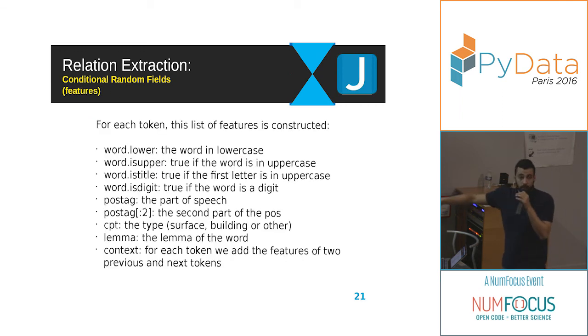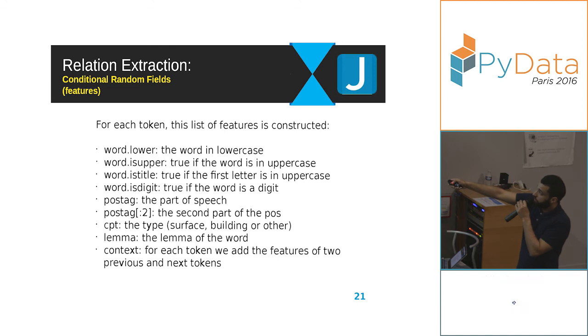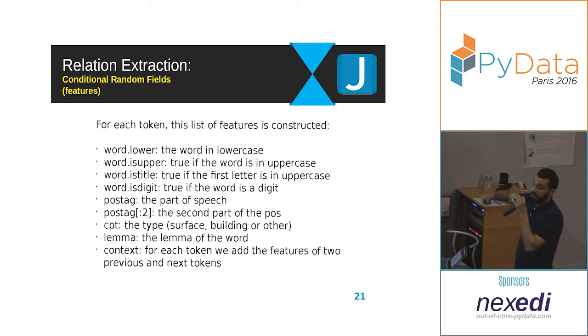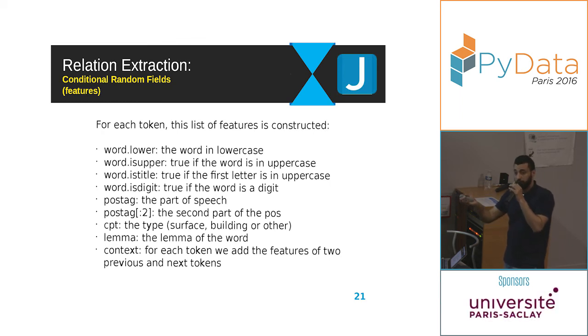Those are the features that we use for each token. We are using the word in lowercase; a Boolean feature, true if the word is in uppercase, or false if it's not. Word is title is also a Boolean feature that gives us true if the first letter of the word is in uppercase, false if not. Word is digit is a Boolean feature that says if a word is a digit or not.